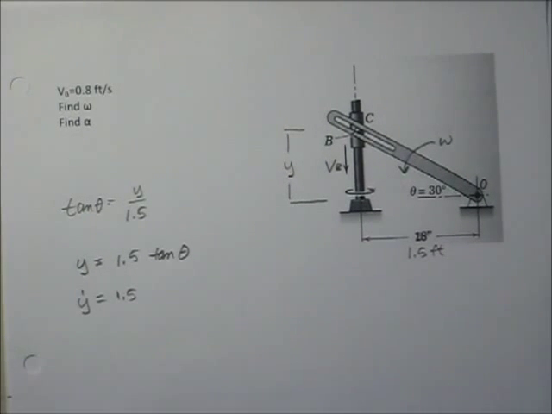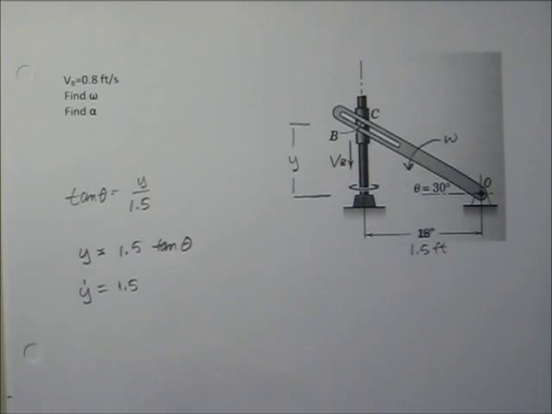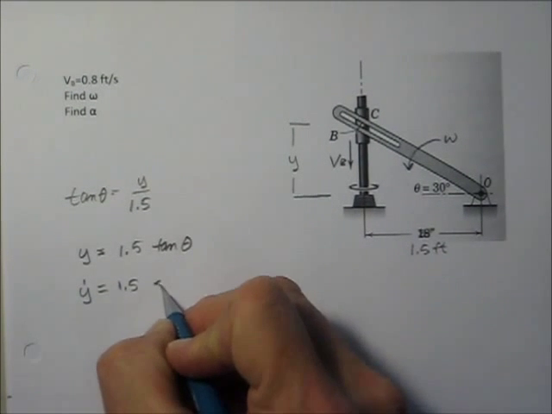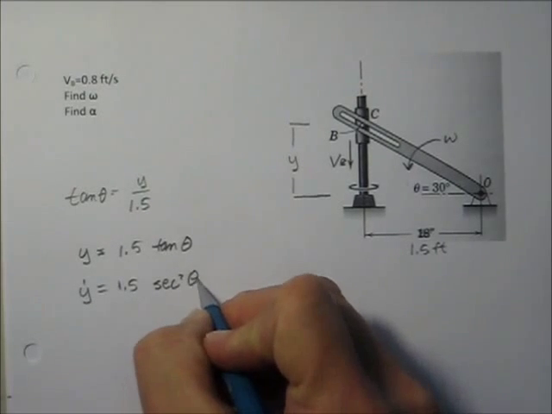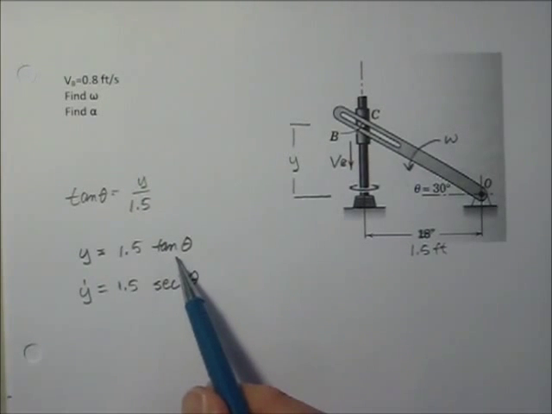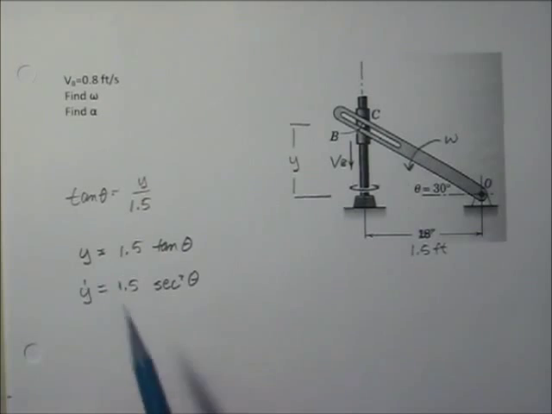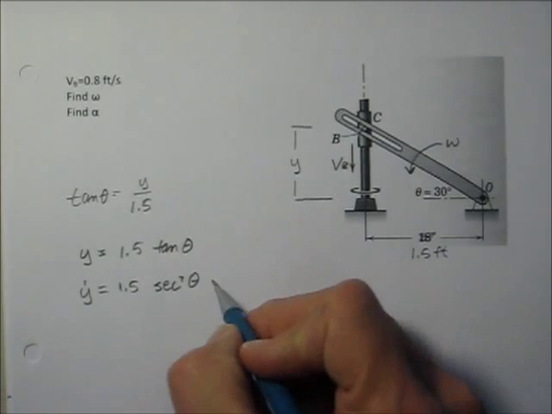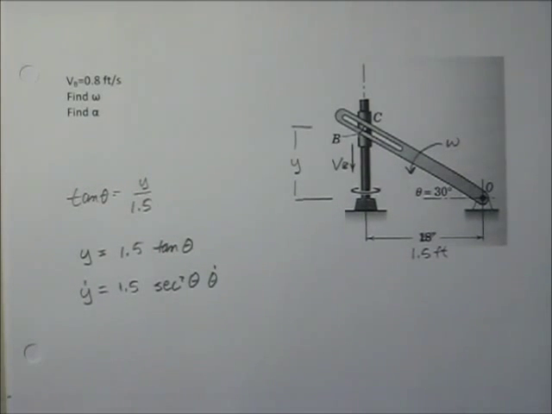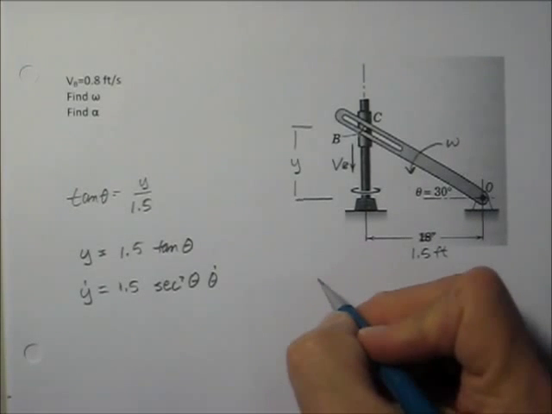Now the derivative of tangent, if you look in the resources, is the secant squared theta. Again, the derivative of tangent is a function of theta, d theta. Then, because I'm taking the time derivative, I also have to have a theta dot there. Okay, so there's my equation. Again, this is the chain rule.